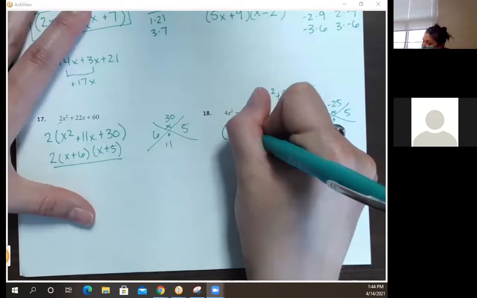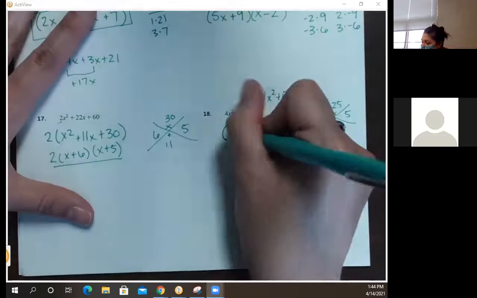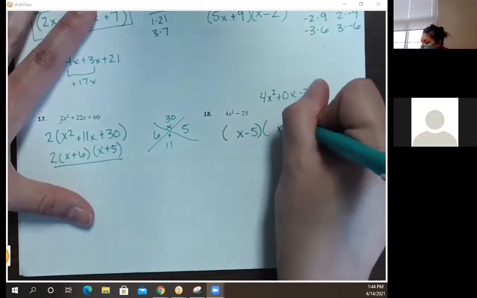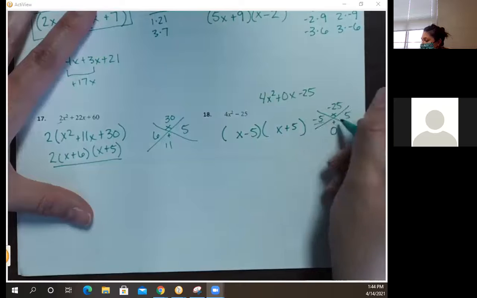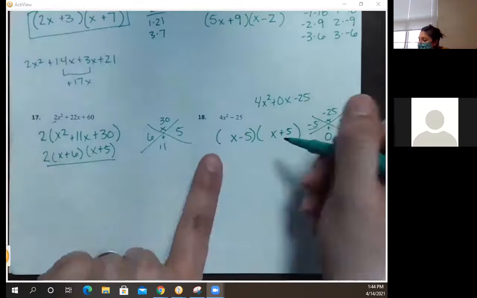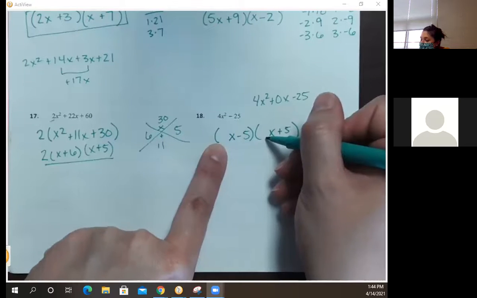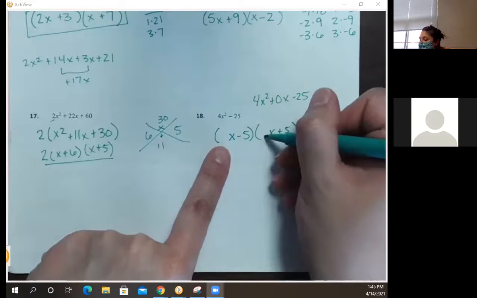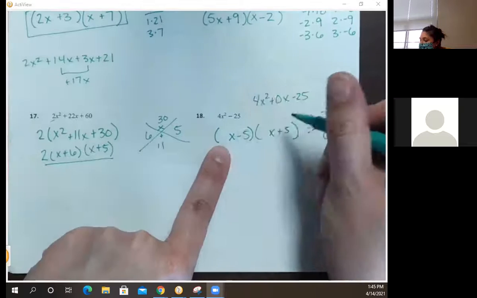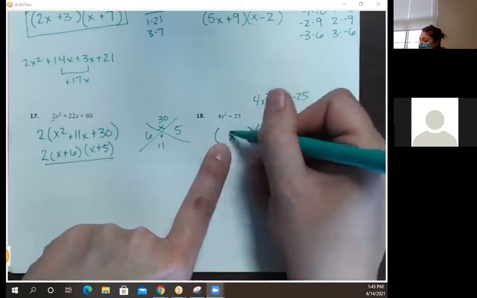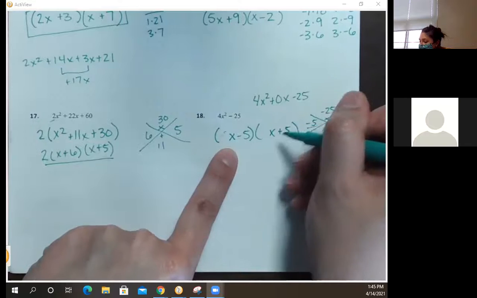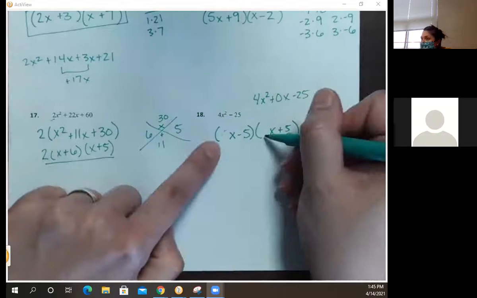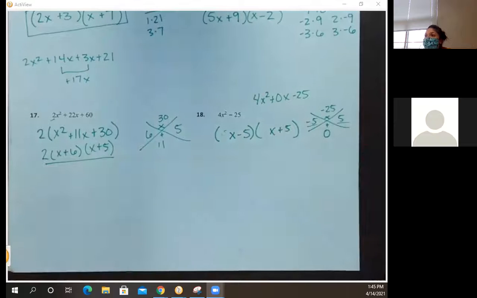But my factors are going to start something x minus 5 and something x plus 5, right, based on these numbers. And now something's got to go in front of x. Some factors of 4 need to go in front of x. But I want the same number to go in each of these spots so that when I distribute, this number is going to be multiplied by 5 here, and then multiplied by 5 here, I want these numbers to be the same so that when I multiply, I still have the same number.